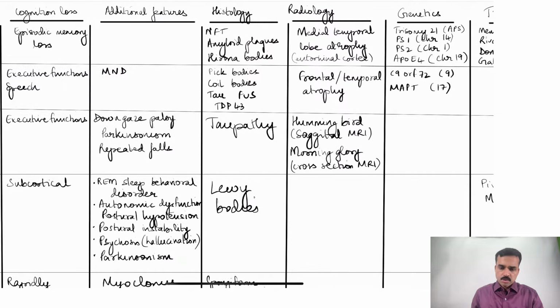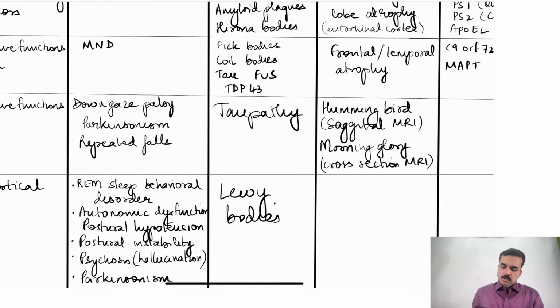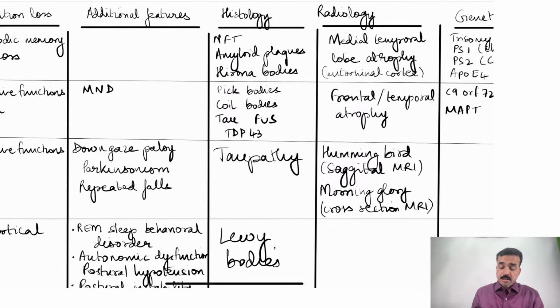Any answers for the monoclonal antibody used in treatment of Alzheimer's disease? Right, so histologically in frontotemporal dementia you may see Pick bodies. These are again intraneuronal inclusion bodies.